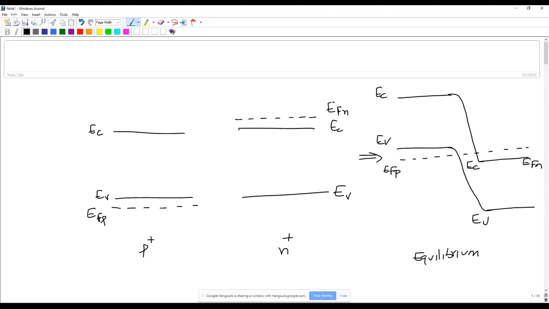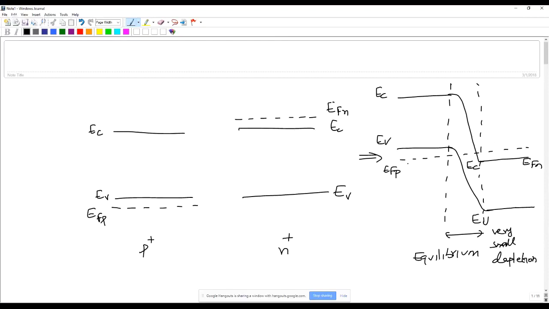Because a tunnel diode is formed by heavily doped P and N, the depletion region is usually very small. The depletion region is of the order of nanometers. You have a very small depletion region, and that is what is responsible for creating this tunneling effect.